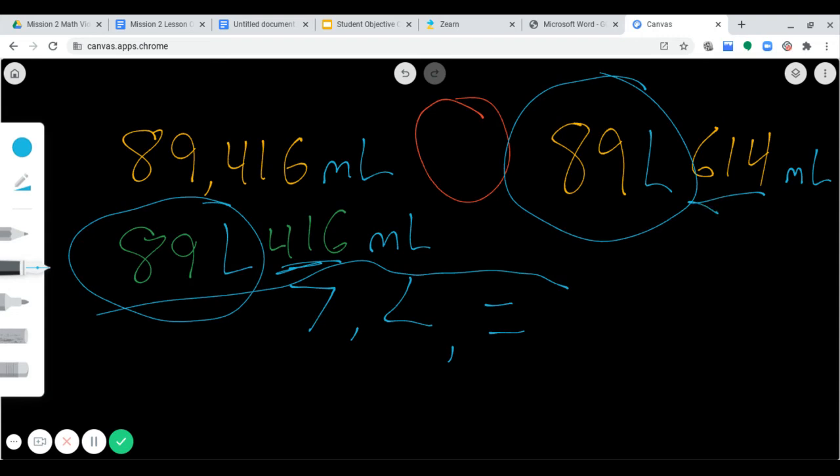Which is greater, 416 or 614? 614 is greater than 416. So I know that side is going to be greater. The liters were the same, but the milliliters were different, and the milliliters were greater over here.